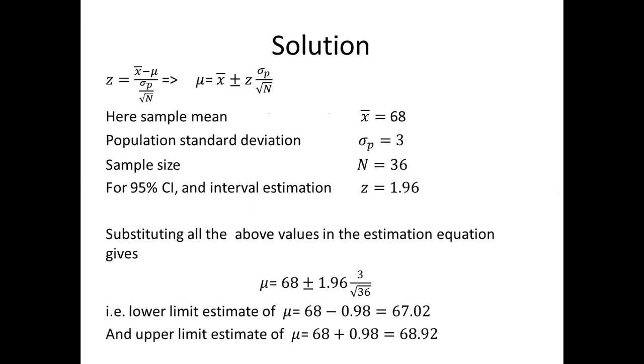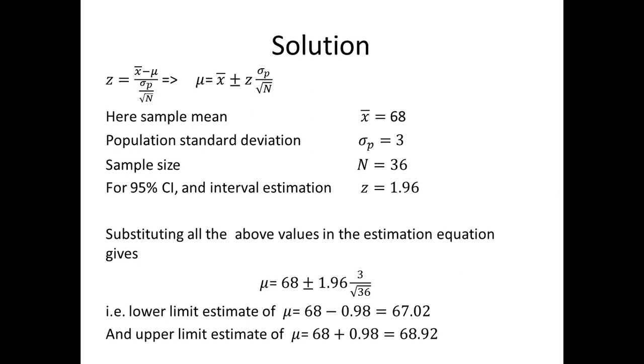Substituting all the above values in the estimation equation, we get mu is equal to 68 plus or minus 1.96 times 3 upon root 36. After doing this calculation, we get mu is equal to 68 minus 0.98, and the second value of mu is 68 plus 0.98.